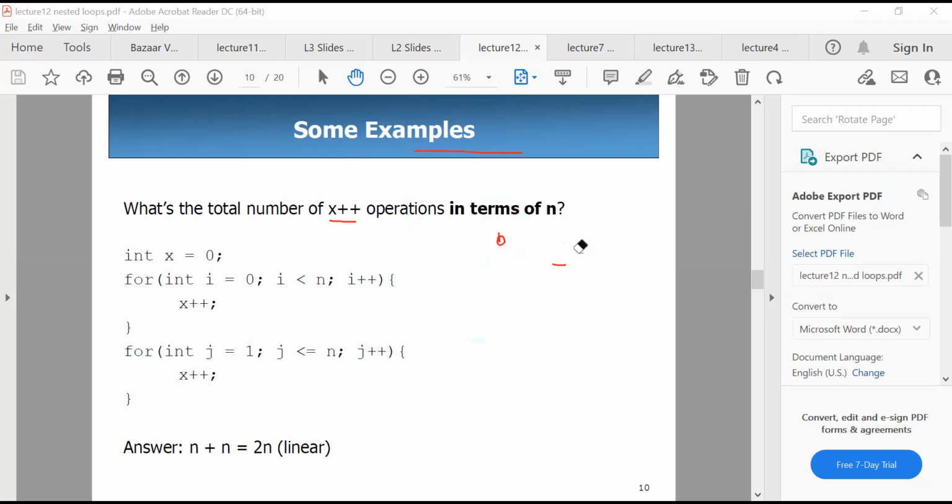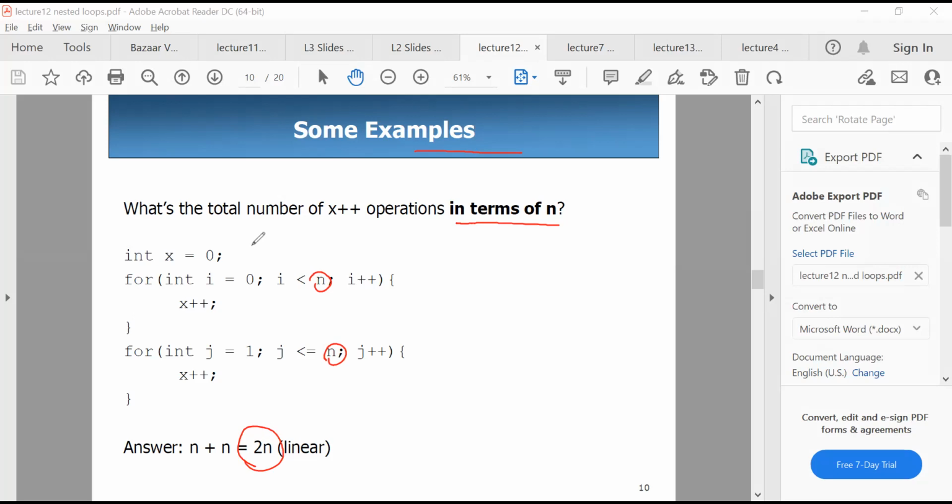Can you have a look at this example? Yeah, that makes sense. 2n makes sense?